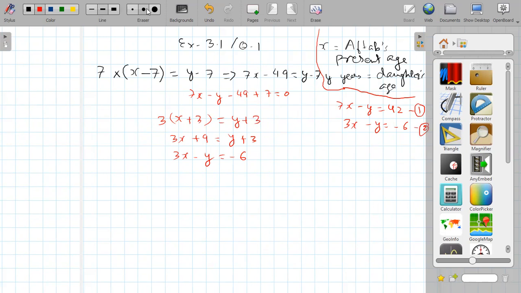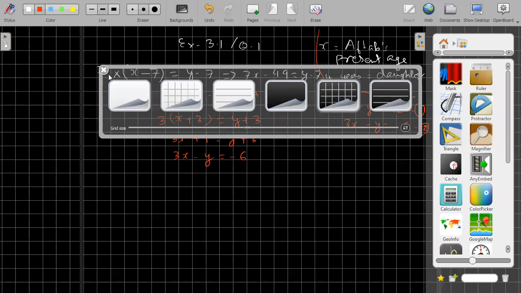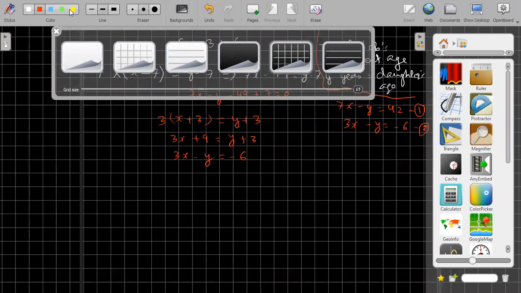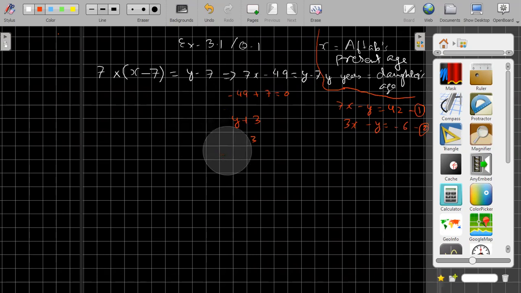Now we have to draw the graph on this situation. Got it? So we will draw the graph. Before drawing the graph, actually we should know the values.